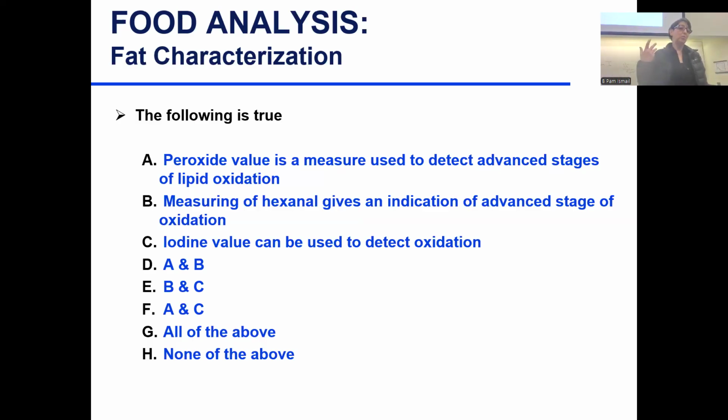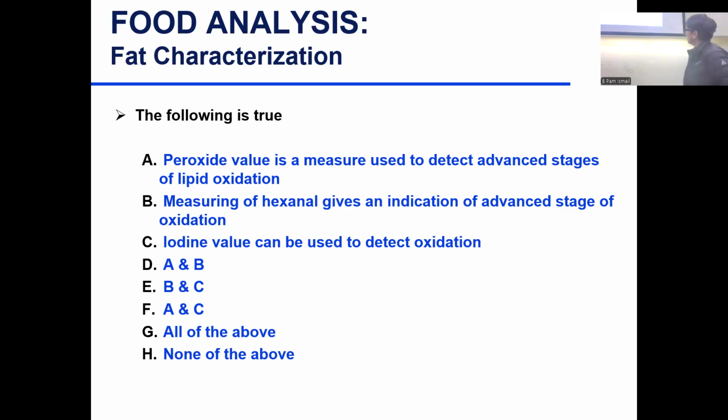I don't expect you to know this, but probably you came across peroxides in food chemistry. From what you remember, are they primary or secondary oxidation products? They are primary oxidation products. So, is A correct in that case?